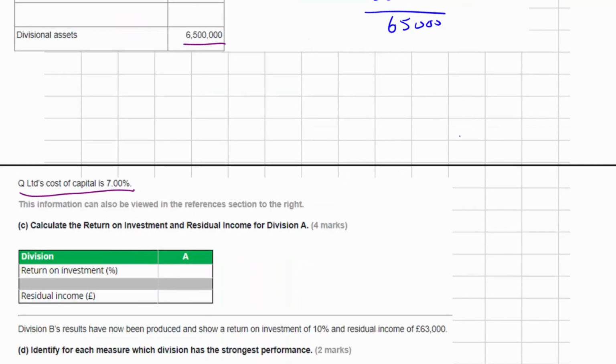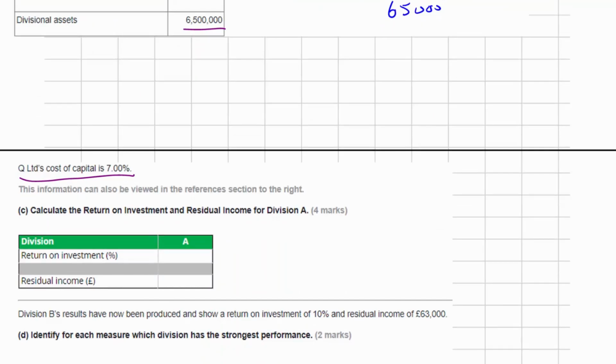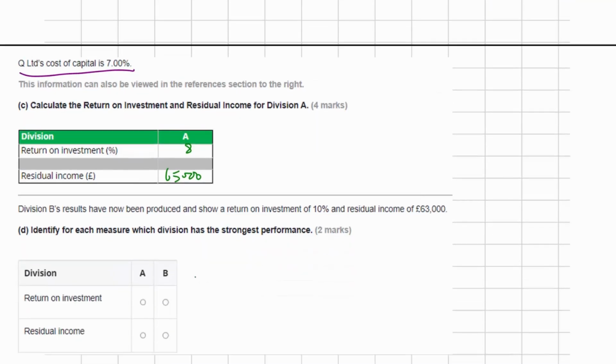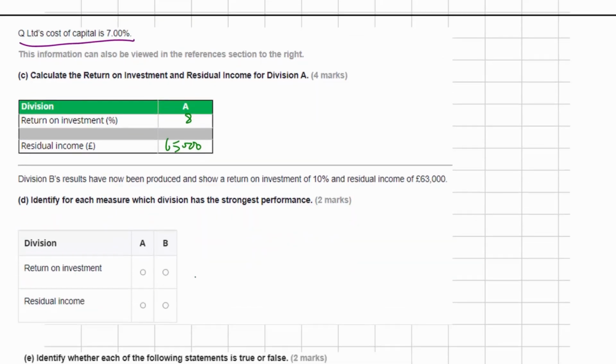So we can put those numbers into our answer. So our return on investment is 8% and our residual income is 65,000. And then the next part of the question is, Division B's results have now been produced and show a return on investment of 10% and residual income of 63,000.